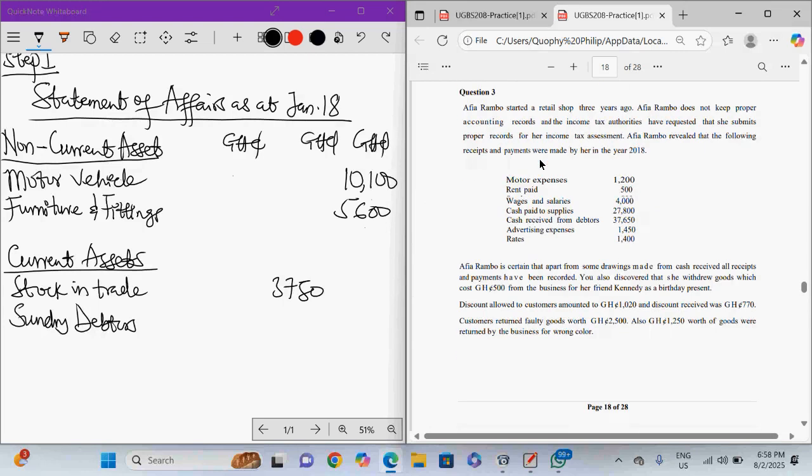We are preparing at the beginning, right? Does drawing affect debtors here? When you are preparing an account, do we adjust the drawings for debtors?